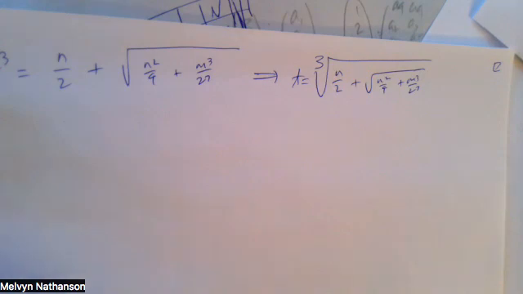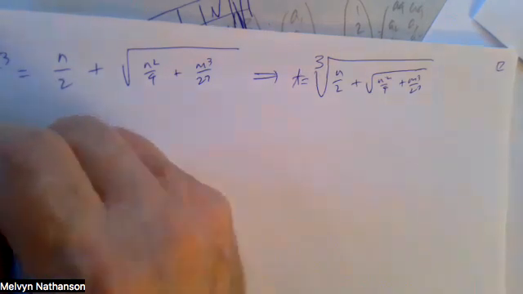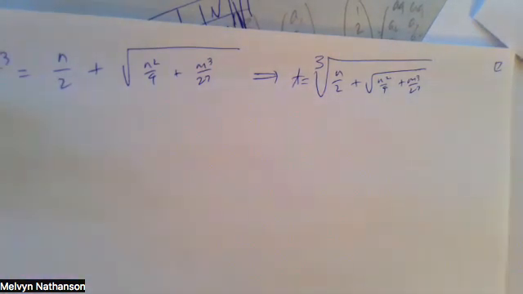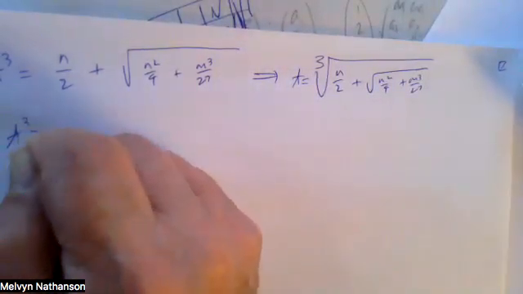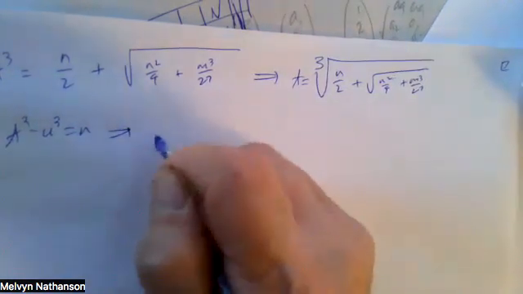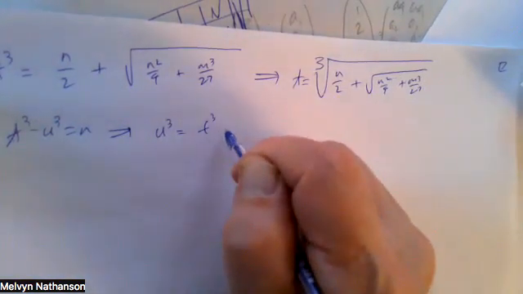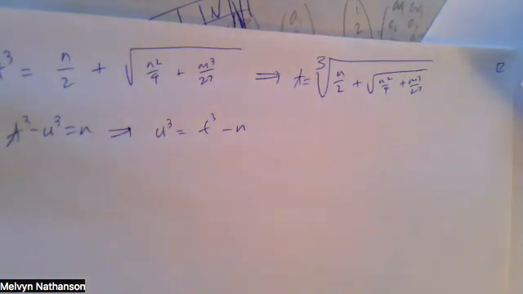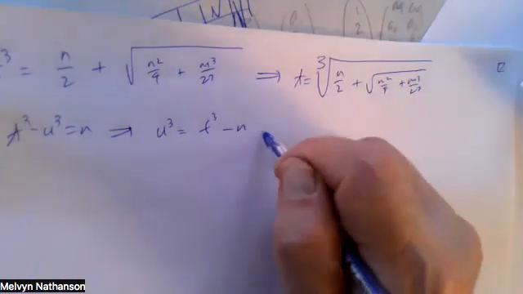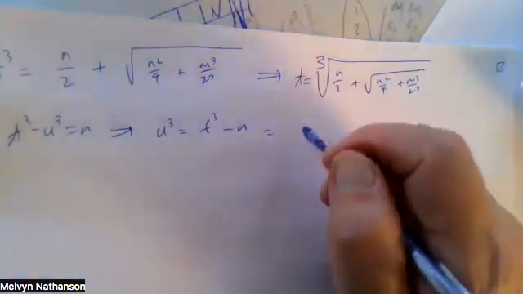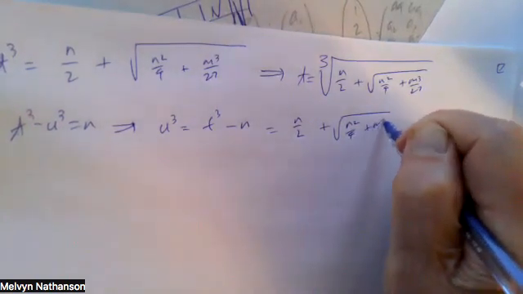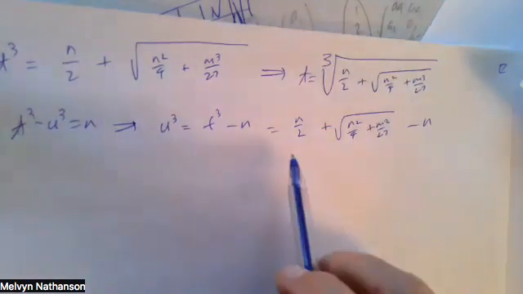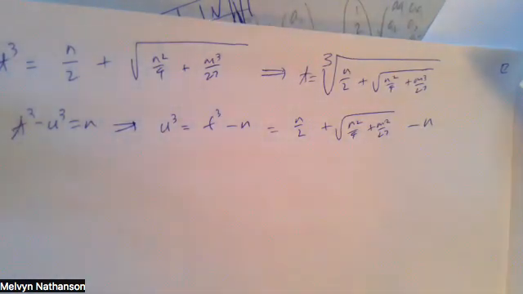And what is u? We know that t cubed minus u cubed equals n. So u cubed is t cubed minus n. t cubed is n over 2 plus the square root of n squared over 4 plus m cubed over 27, minus n. n over 2 minus n is minus n over 2.